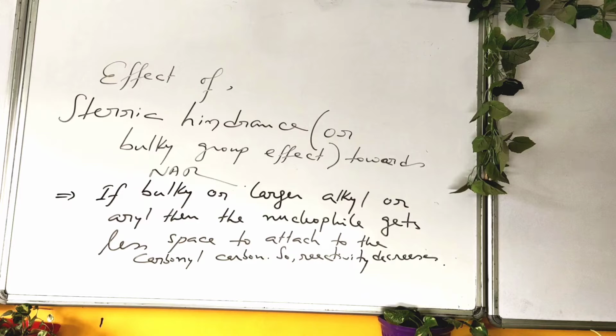If bulky or larger alkyl or aryl group, methyl, ethyl, propyl are called alkyl groups. But larger means maybe propyl, maybe isopropyl, maybe isobutyl, maybe tertiary butyl, maybe neopentyl groups. When they are attached to the carbonyl carbon, then the nucleophile, that is an attacking reagent, gets less space to attach to the positively charged carbonyl carbon, and reactivity decreases.